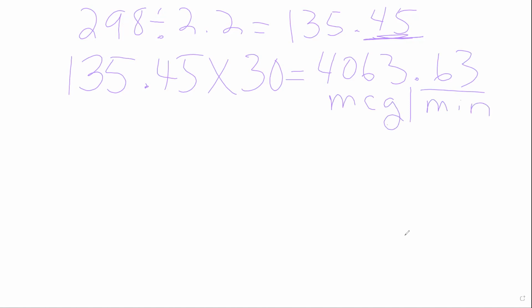So if you got this problem and the author simply asked you to calculate the micrograms per minute, you would stop right there. But you're doing mLs per hour, right?